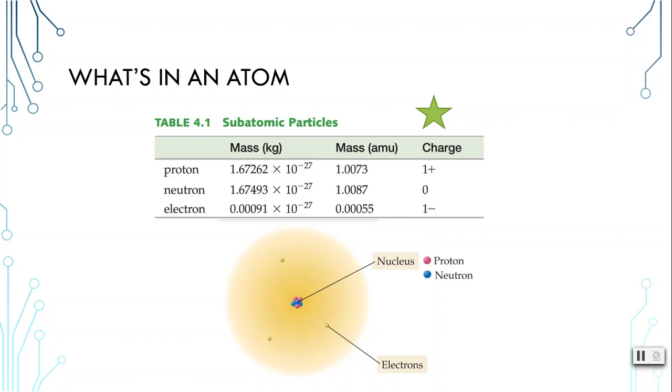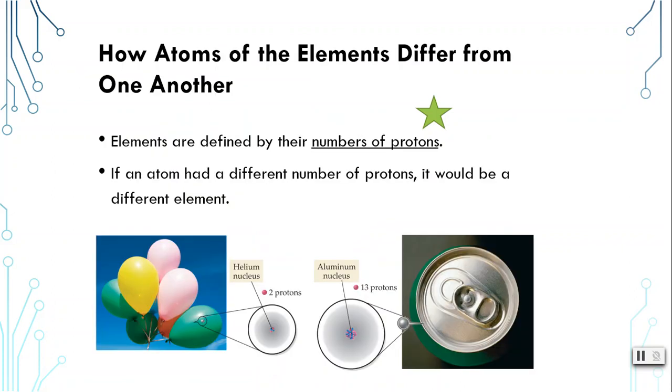But what we're going to focus on now is the subatomic particle called the proton, because it's the proton that distinguishes atoms from one element from atoms in another element. And what that means is that elements are defined by their numbers of protons.